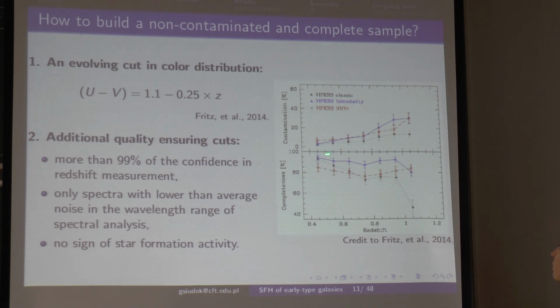I use this bimodality criterion because of high and stable completeness up to redshift 1, but this criterion has a high contamination above redshift 0.8. That's why I developed a system of additional cuts to ensure a high quality sample.